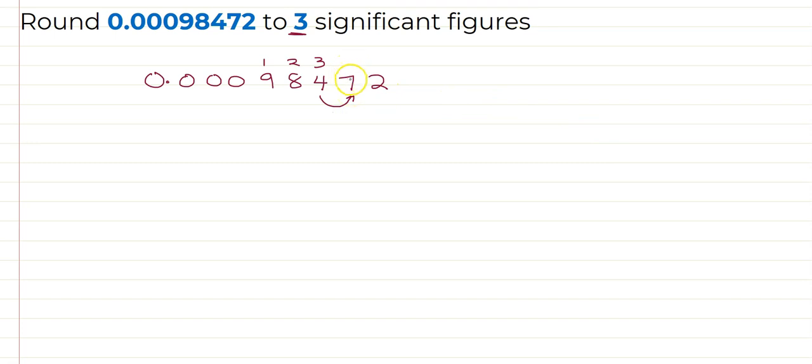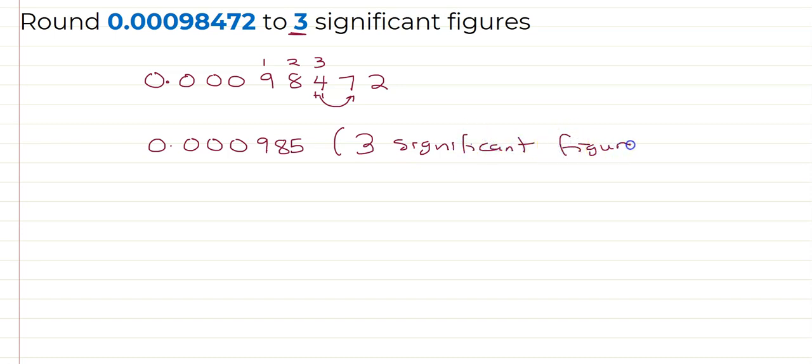So this is 7, which is 5 or more, which simply means that we're going to add 1 to 4 and we're going to round up and make that 5. So we're going to now have 0.000985, and we can call this 3 significant figures.